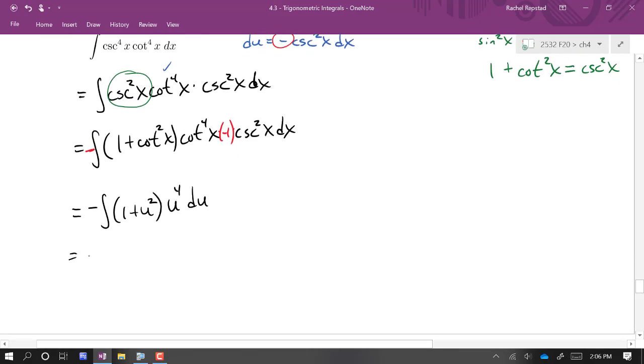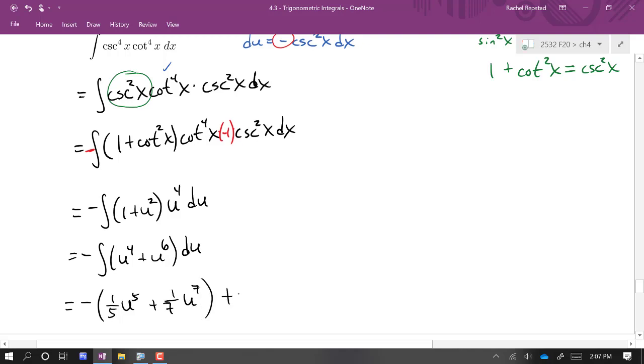Let's distribute that factor of u to the fourth. U to the fourth plus u to the sixth du. And now it's a polynomial. Let's integrate. 1/5 u to the fifth plus 1/7 u to the seventh, and then plus a constant.